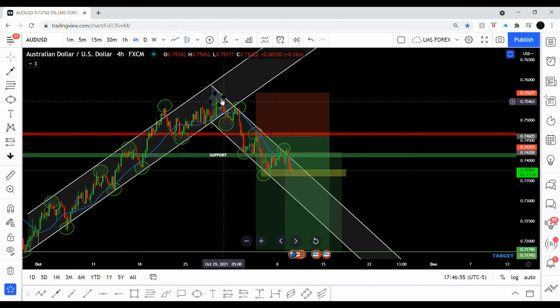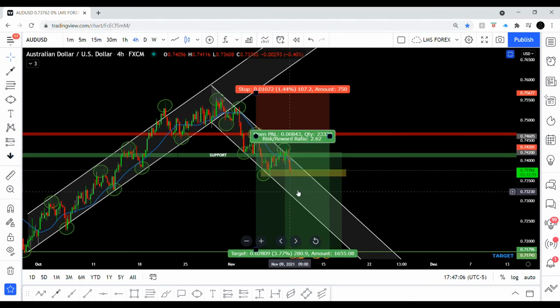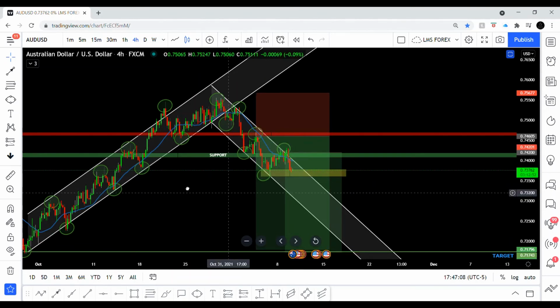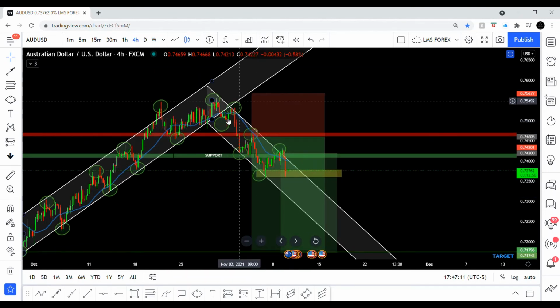You have to make sure that the market is continuing to create lower highs, lower lows, lower highs, lower lows, lower highs, possibly around here, lower lows. You understand? So your stops will always be above the previous lower highs in this particular situation.